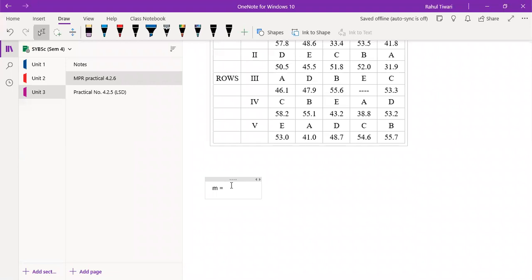This 5 is the same as the number of treatments, also equal to the number of rows, also equal to the number of columns.